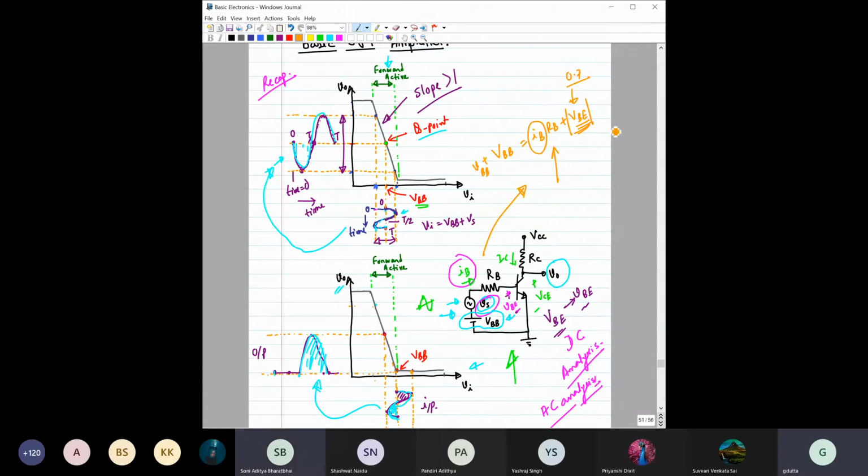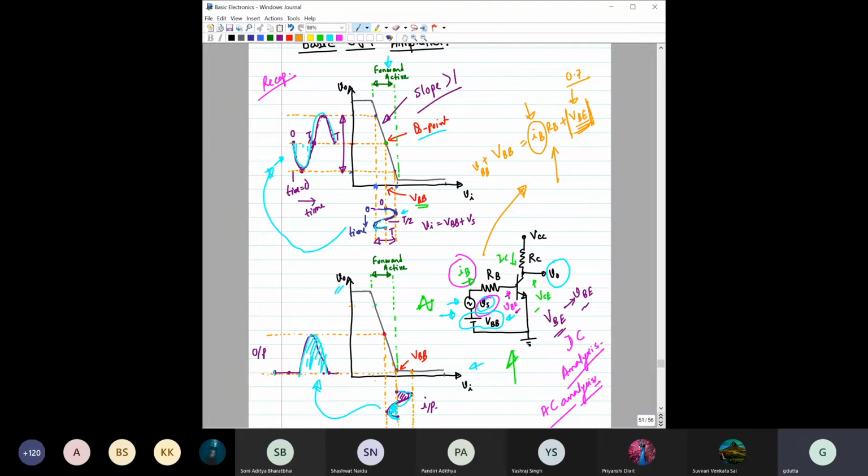When you are writing KVL, you cannot change this V of B like this, because you have taken V of B as constant and assumed that it is not changing. That's why you can write this equation. But if you have to change this V of B, you have to take care of this IB as well, because IB will change exponentially with V of B.